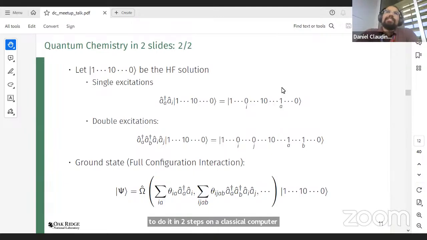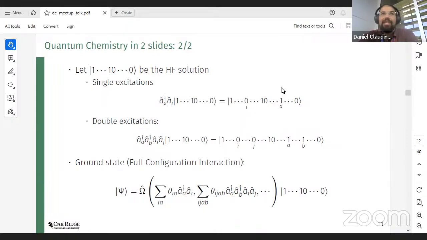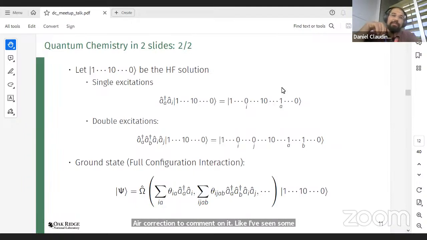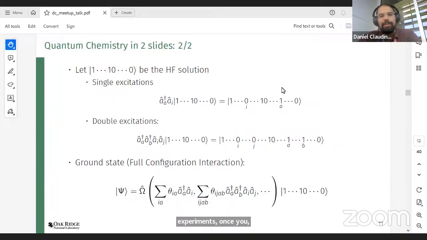Well, that starts getting into what I said to one of the other participants: I don't know enough of the nitty gritty behind error correction to comment on it. I've seen some experiments, not quantum error correction as such, but what I'd call quantum error detection.